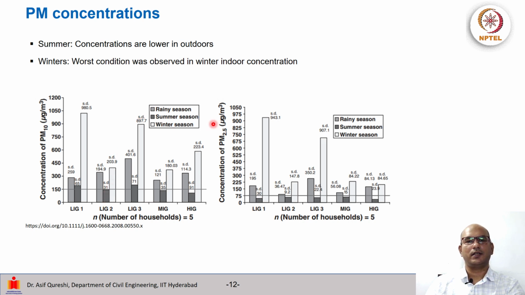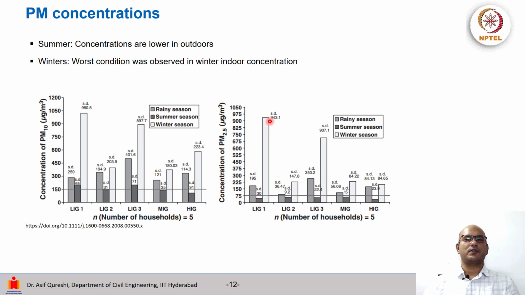In all the houses, the concentrations in winter were higher than the concentrations during summer or rainy season for PM10. Likewise, for PM 2.5 also, concentrations in winters were generally much higher than in the summers, and then in the rainy season.